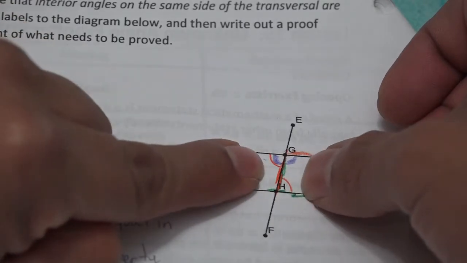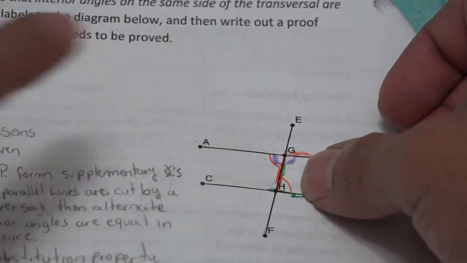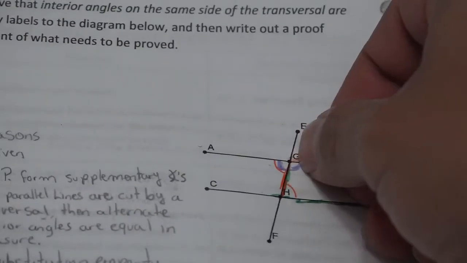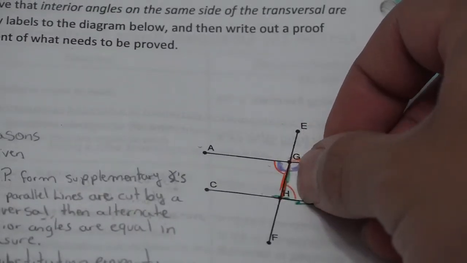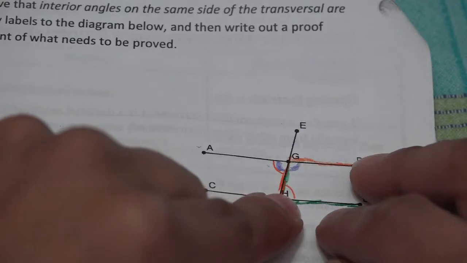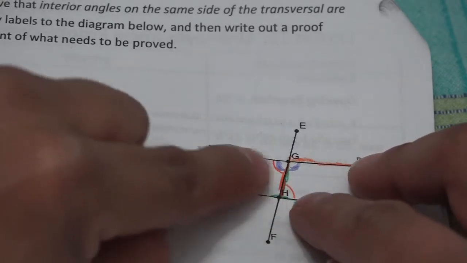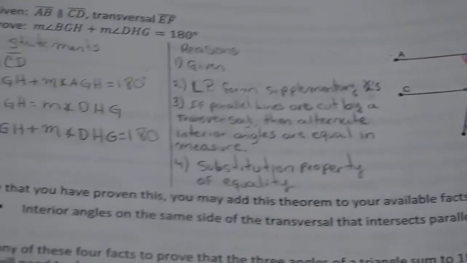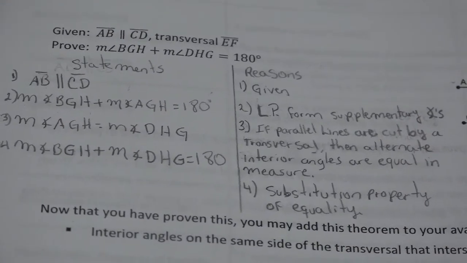Because of the alternate interior property, I can say that this angle and this angle add up to 180. How? Substitute this angle with this one because they're equal in measure. Remember, you may substitute equals for equals. So there you have it. That's your proof.